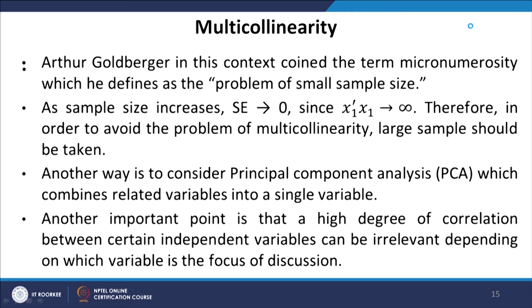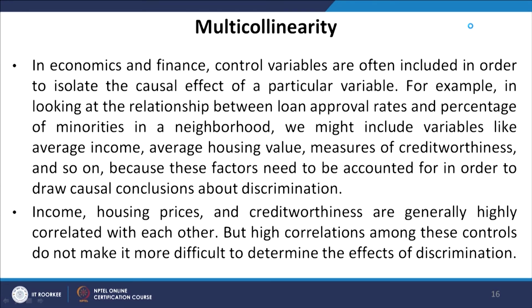Another important point is that a high degree of correlation between certain independent variables can be irrelevant, depending on which variable is the focus of our discussion. In economics and finance, control variables are often included in order to isolate the causal effect of a particular variable.